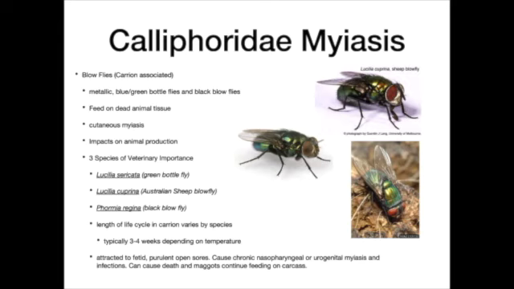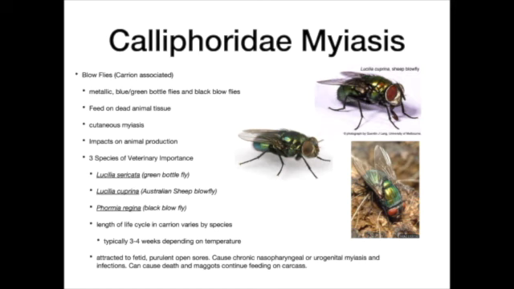They're attracted to putrid sores, really strong smells. They can cause chronic nasopharyngeal and urogenital myiasis, so upper respiratory up in the nasal area and in the urogenital tract, so kidney infections, urethra, that sort of thing. They can cause death, and the maggots will continue to feed on a carcass even after the host has died.